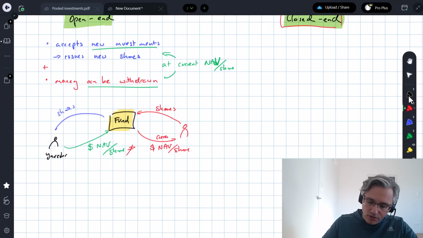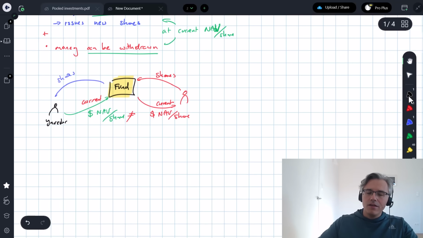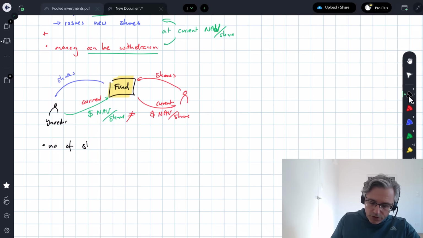Everything is based on the conditions at that given moment in time. So you transact with the fund, the number of shares which the fund has in issue, number of shares outstanding, therefore fluctuates, changes over time.